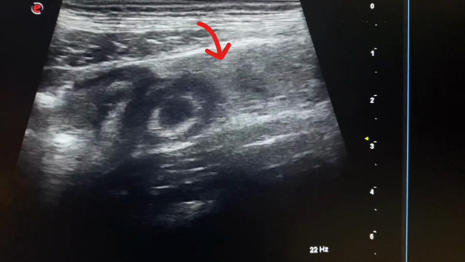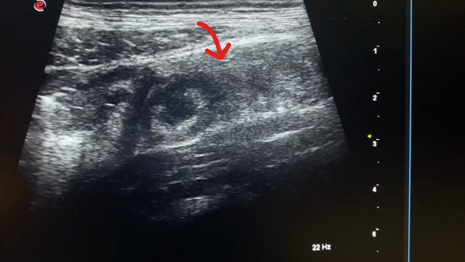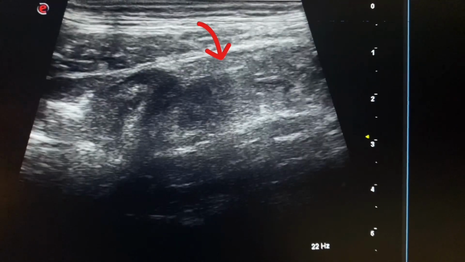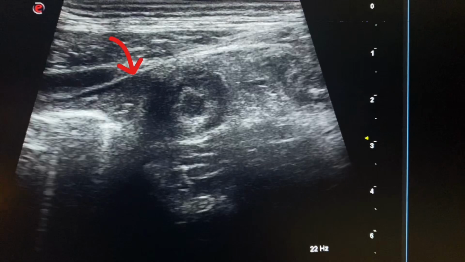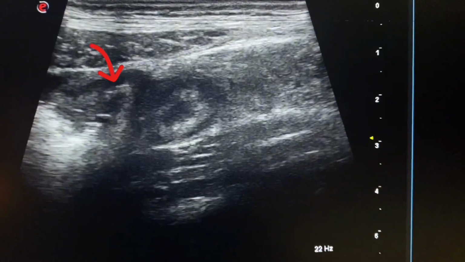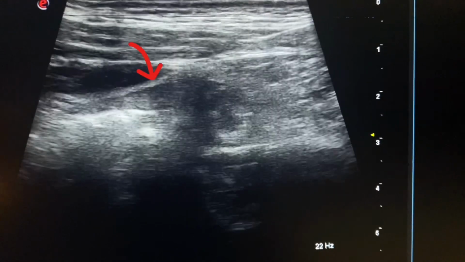Here the appendix is attached to the wall of the cecum. The walls of the cecum are also inflamed due to inflammation of the appendix.